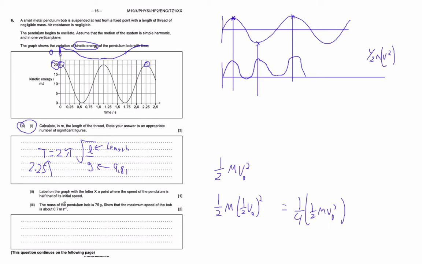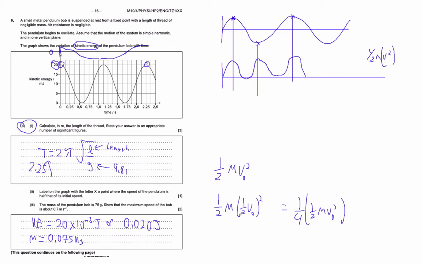Okay, let's see. The mass of the pendulum bob is 75 grams. Show that the maximum speed of the bob is 0.7. So our kinetic energy is 20 millijoules, so 20 times 10 to the minus third joules, or 0.020 joules. The mass is 75 grams, so 0.075 kilograms.